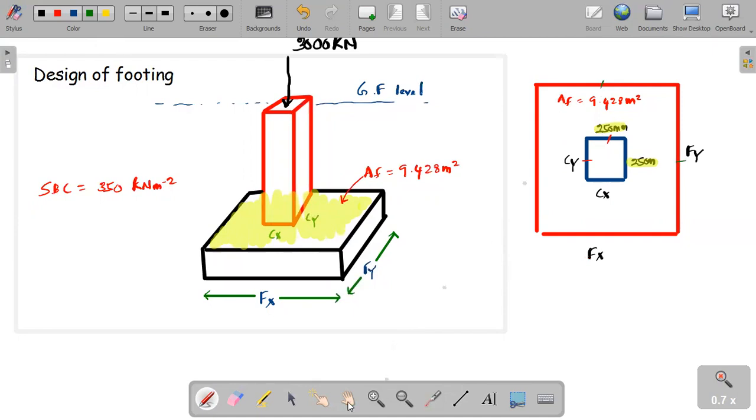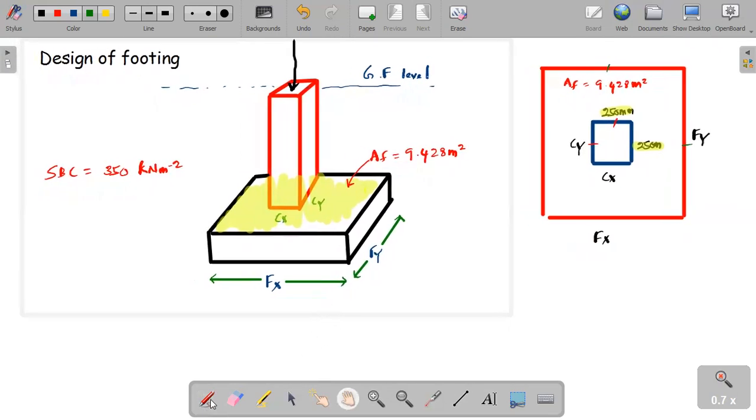That means you can just take this as a square. We know how to find the area of a square, that is the square of one side. So definitely you can say fx is equal to fy, that should be equal to the square root of AF.